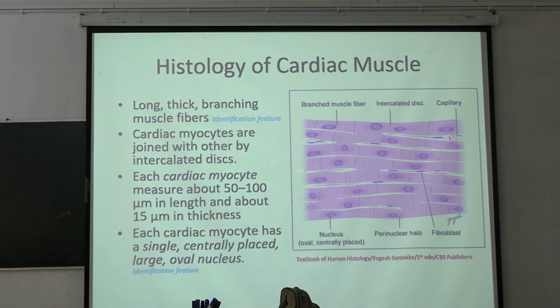Cardiac myocytes are joined with each other by intercalated discs. These are the intercalated discs. Each cardiac myocyte measures about 50 to 100 micrometer in length and about 15 micrometer in thickness. Each cardiac myocyte has a single centrally placed large oval nucleus. Here.